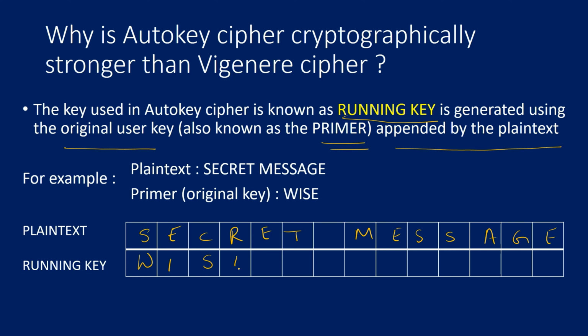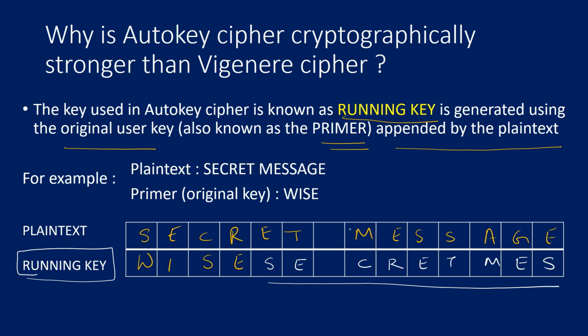So we fill the word wise first, and now since the plain text is larger while the key length is shorter and we are using an Autokey cipher, we append the key with the plain text, so that is secretmes. I have appended the plain text after the keyword, and the resultant key that is formed after appending is known as a running key. Now note that the space indicates that there is no letter to be encrypted, and hence we have not allocated any letter for the key to encrypt that corresponding space.